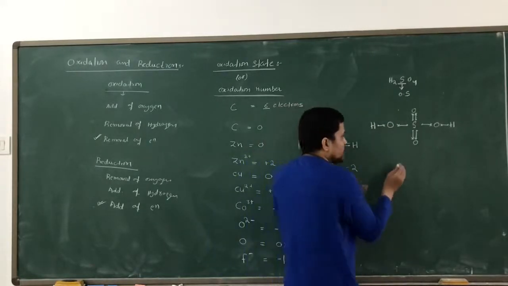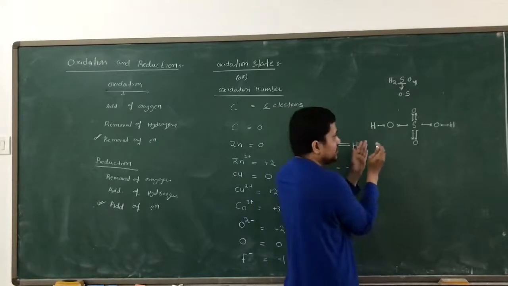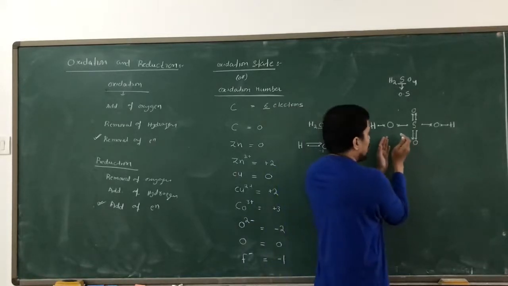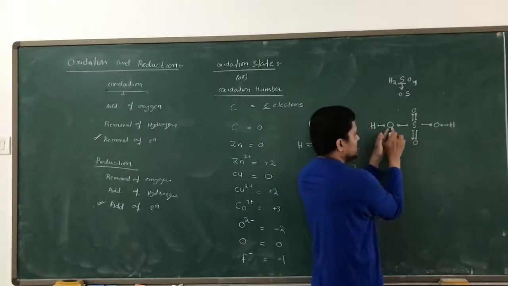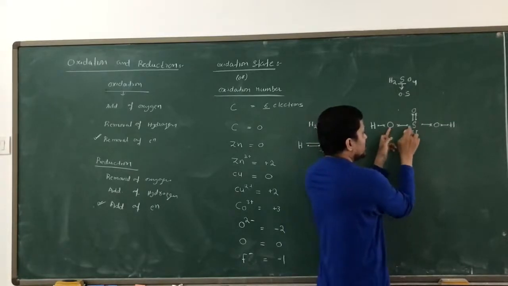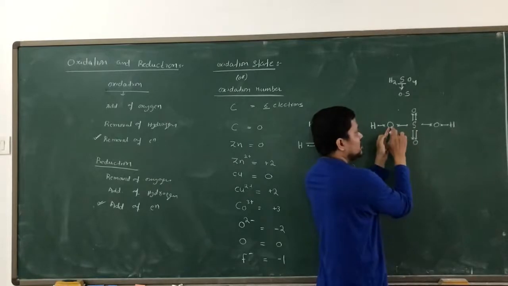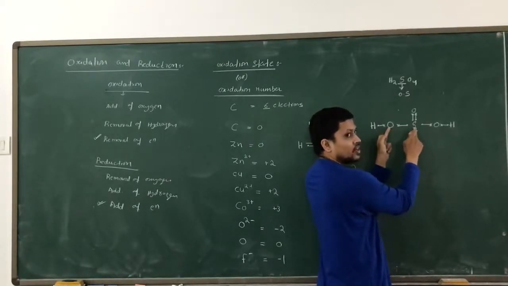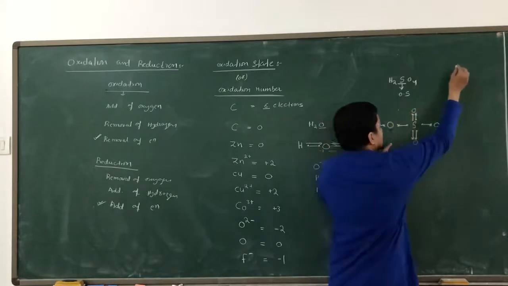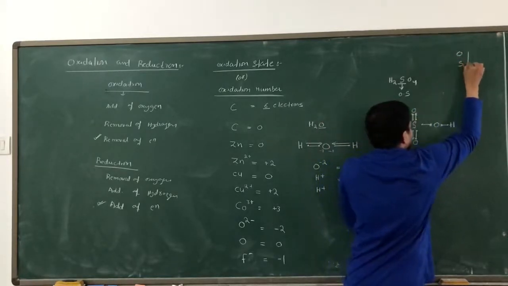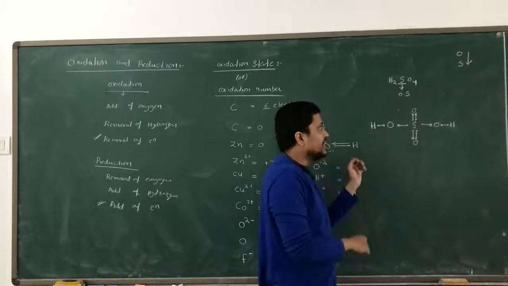First we complete the sulfur and oxygen. First I am completing this oxygen. Sulfur is sharing 1 electron with this oxygen. If you see the electronegativity difference between sulfur and oxygen, sulfur is less electronegative than oxygen. We know that after oxygen we have sulfur, and as we go down the group, electronegativity decreases.